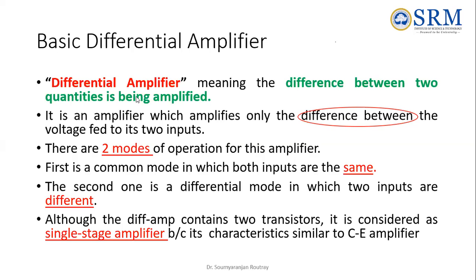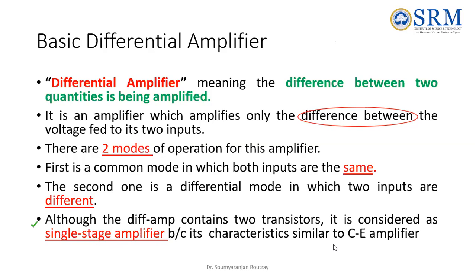Another very important point, you can see this one. Although the differential amplifier contains two transistors, as we'll show in the next picture, it is considered a single stage amplifier because its characteristics are similar to a common emitter amplifier.